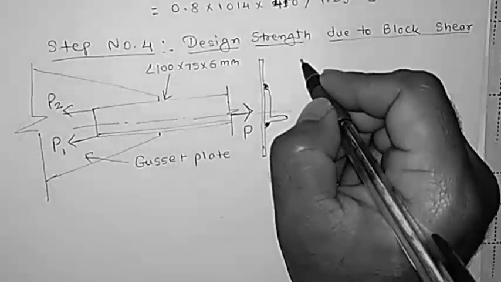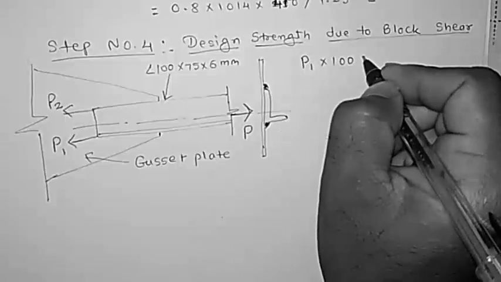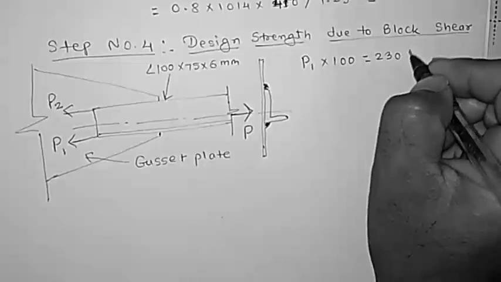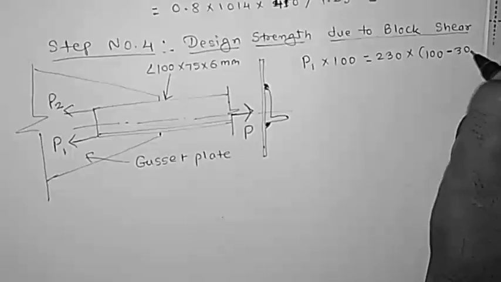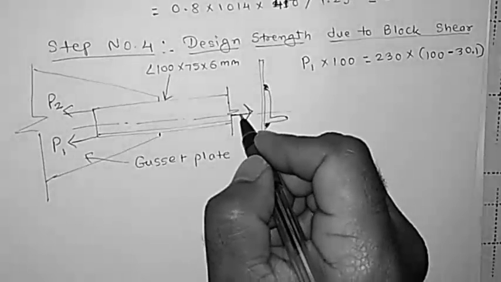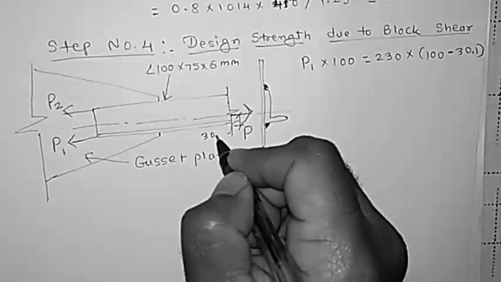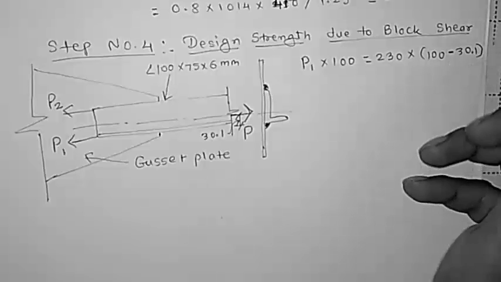So let us consider moment. So P1 multiplied by 100 will be equals to 230 multiplied by 100 minus 30.1. So this is 30.1, which is actually this one. This is 30.1. This you will get it in your steel table.